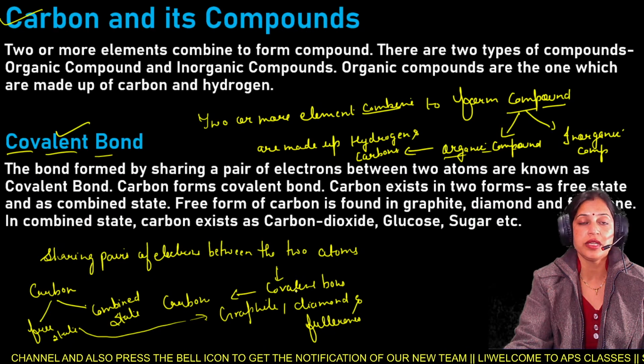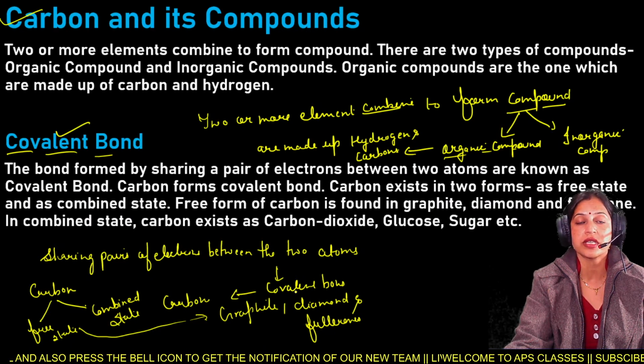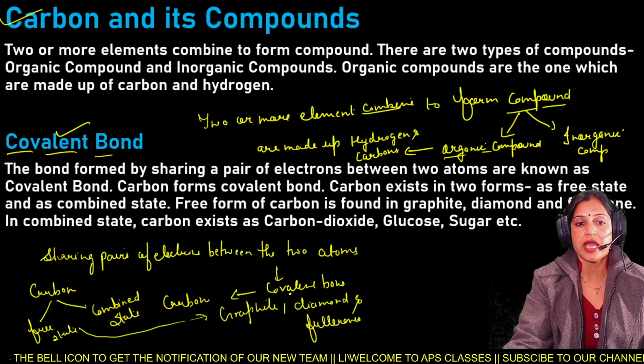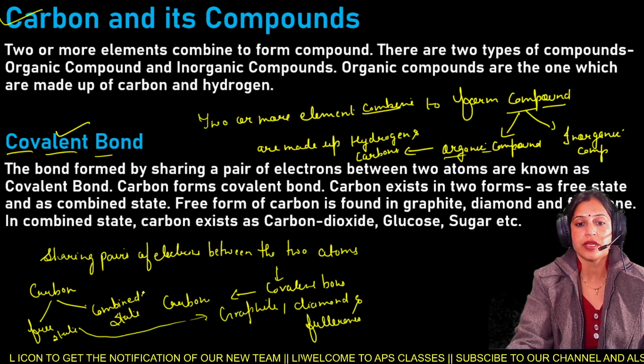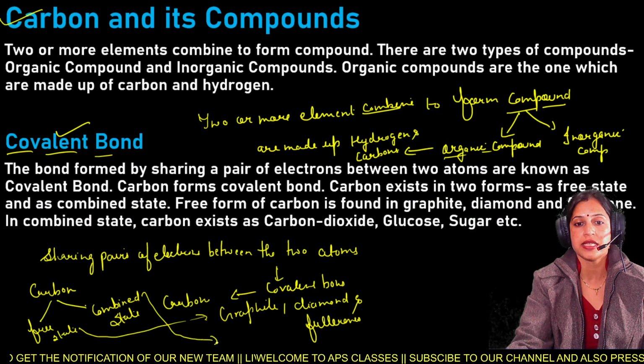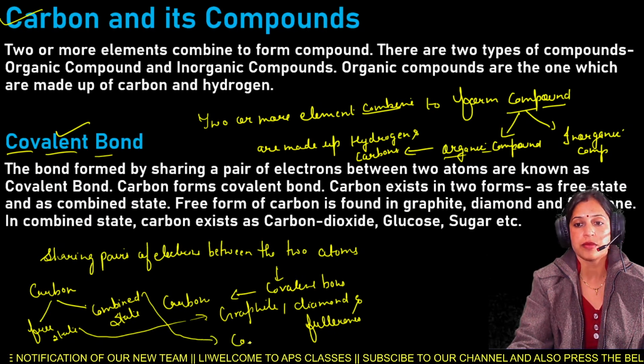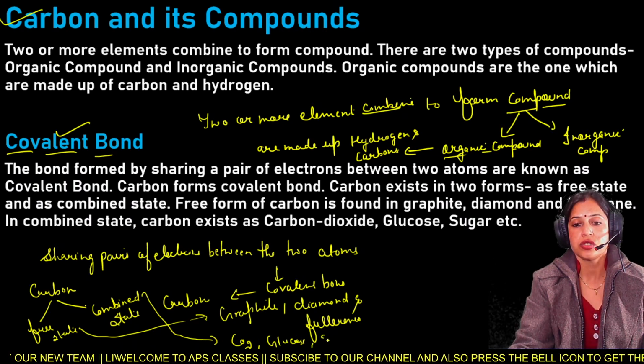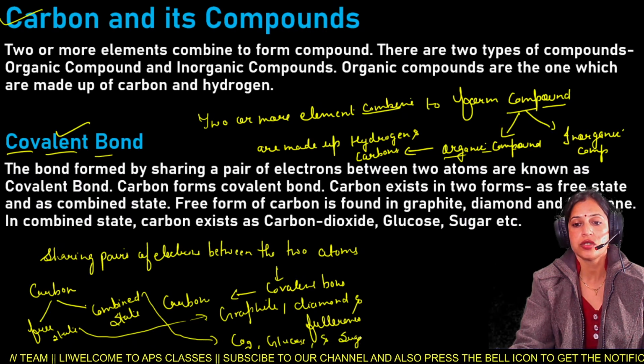These are the free forms of carbon. Whereas in the combined state, carbon exists as carbon dioxide, glucose and sugar.